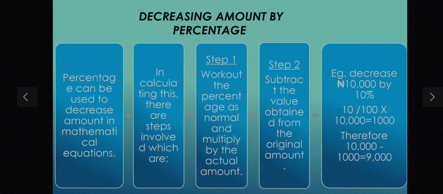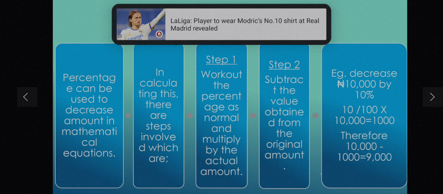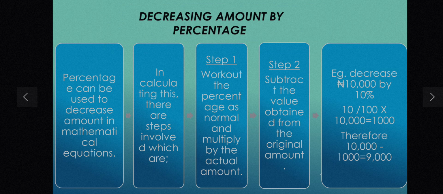I told you when we were doing increasing, when they say work the percentage out as normal, it means the digits they gave you over what? 100. Then multiply by the actual amount. In this place, they said decrease 10,000 naira by 10%.